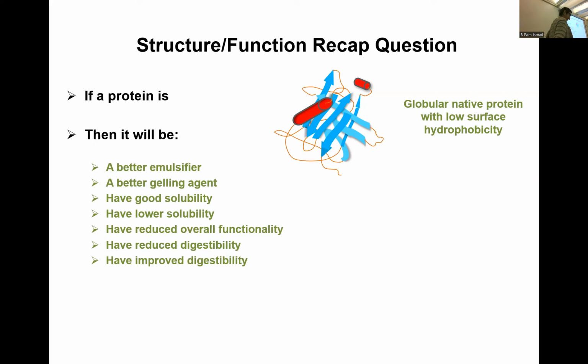Yeah, you're supposed to answer. So, a globular native protein with low surface hydrophobicity, it's telling you right there. It's not going to be good. Solubility, it's not going to be good.